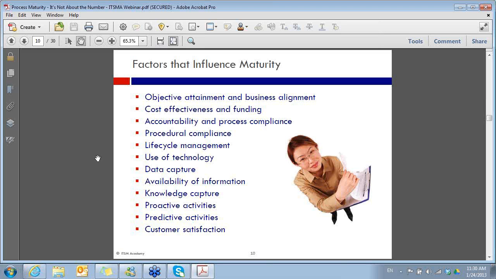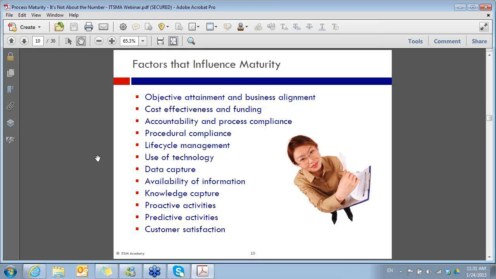So you can see on your slide the factors that influence maturity. And one of the first things is just objective attainment. One of the questions you always have to ask is, are your objectives clear? Is it understood what a given process is supposed to accomplish, and are those objectives aligned with the goals of your business?